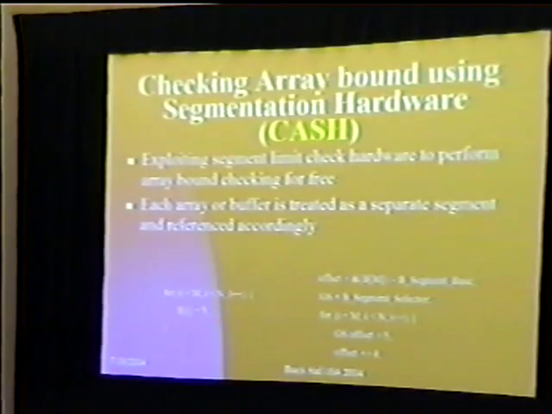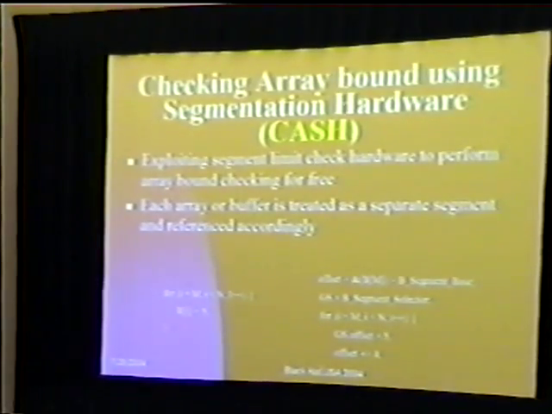So basically what we do is that if we want to do software array-bound check, then for every memory reference B[i], we actually have to insert some code to check whether the resulting memory reference exceeds the bound of B or not. But then you can actually organize the way that you generate the references for B[i] in such a way. In this case, in particular, we are using this GS together with offset.